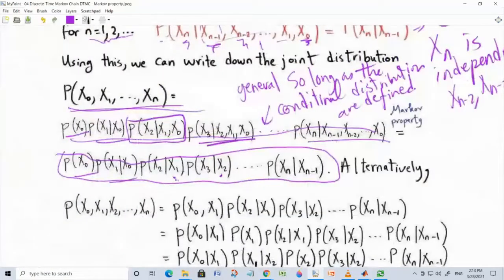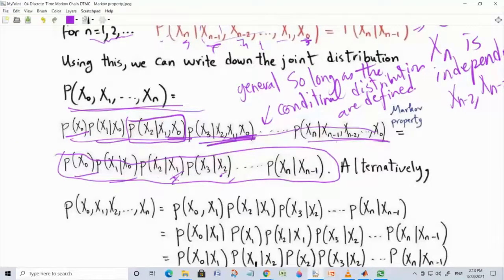Now, if you don't have the Markov property, then the set that they are conditioning on keeps increasing and increasing. But if you have a Markov property, according to this definition above, you can just have a conditional distribution just involving one random variable. Okay, so this is very nice.